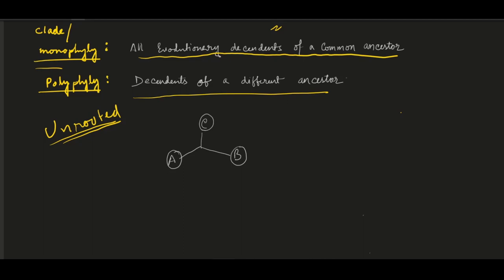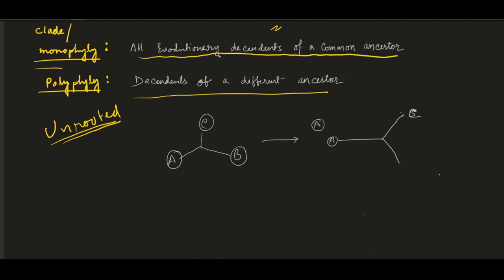In order to construct the rooted one, we apply a concept called the outgroup concept. So applying the outgroup concept, what do we do? Let's say I assume A as the primitive ancestor. So I have to place A horizontally. If I place A horizontally, then B and C will be positioned like this.